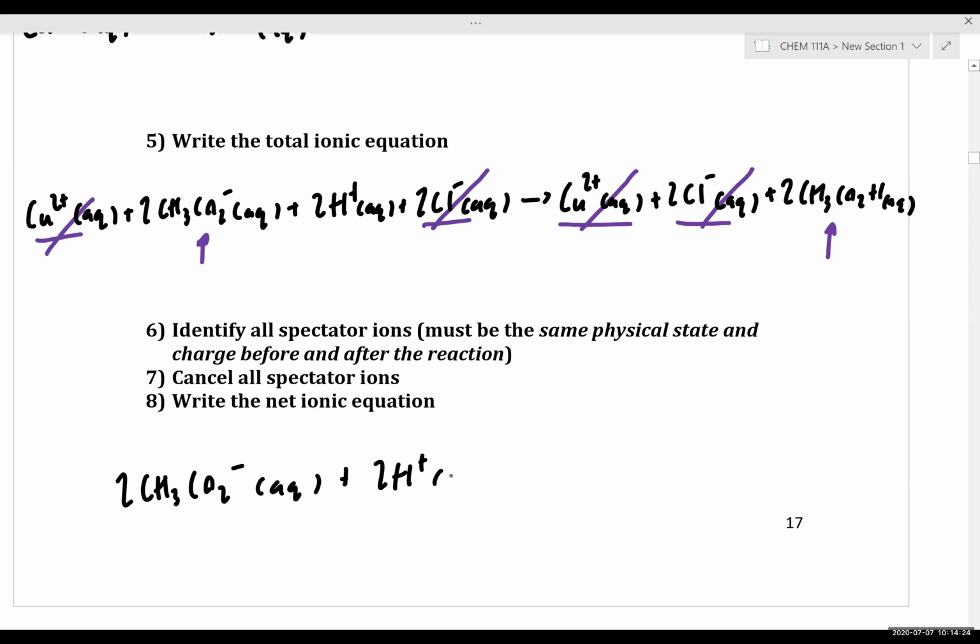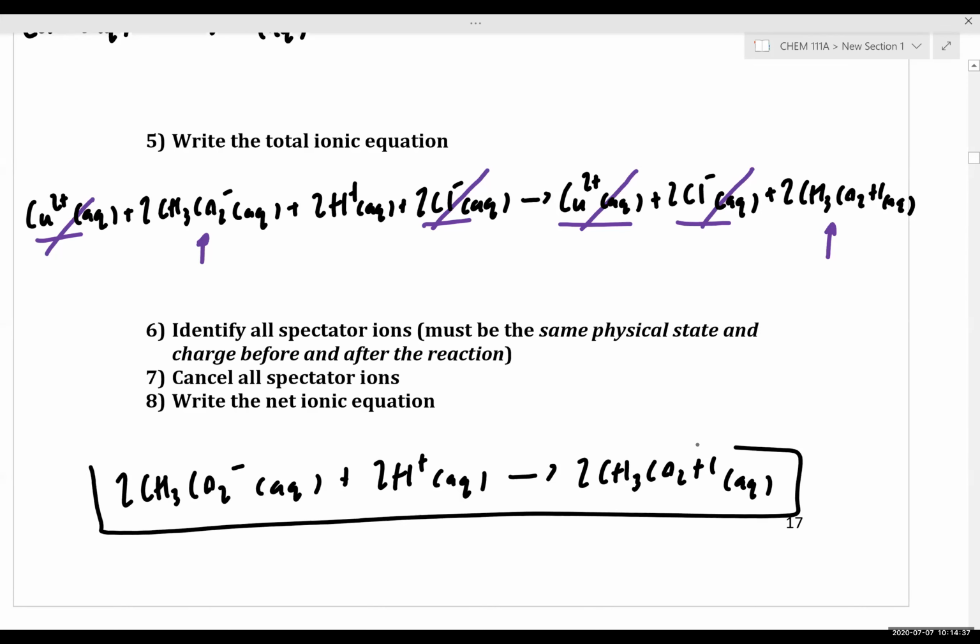And this reaction, although it looks very complicated, essentially just boils down to the transfer of a proton from acetate to give acetic acid. So this is our net ionic equation. Does that make sense to everyone? Is everyone comfortable with this idea so far?